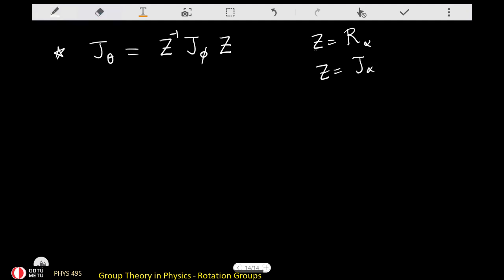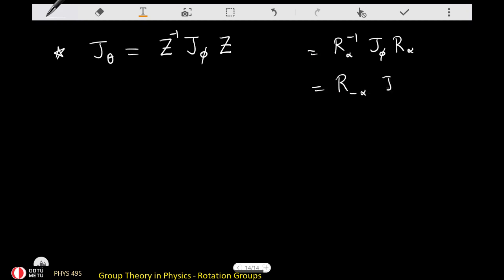This is actually a much more fruitful way of thinking about it. But let me just quickly do this for, let's say, R alpha. So R alpha inverse J phi R alpha. What is this? That's basically R of minus alpha J phi R alpha.